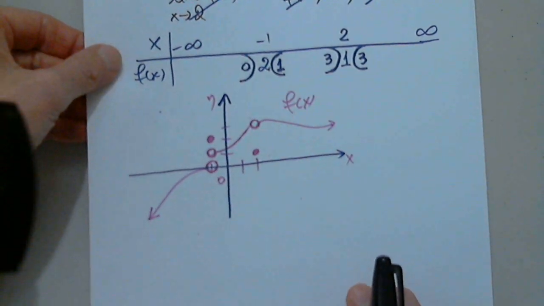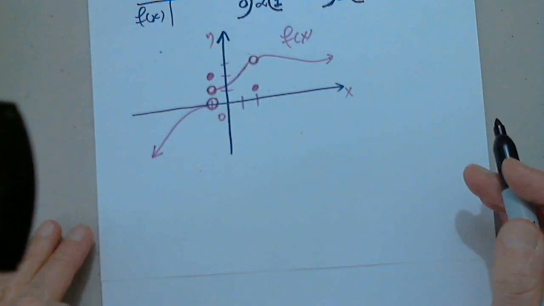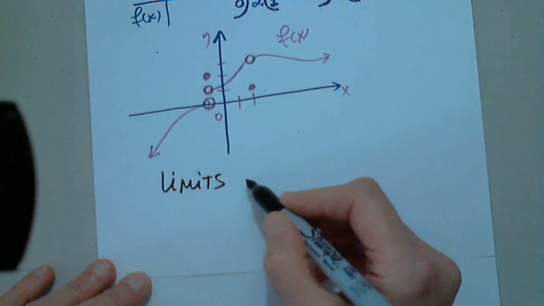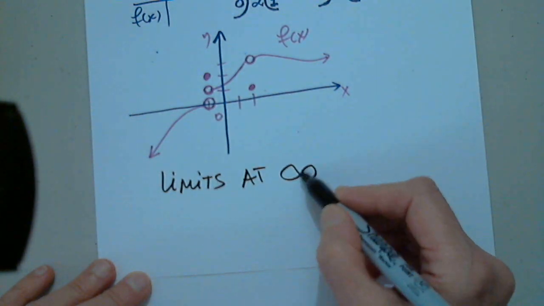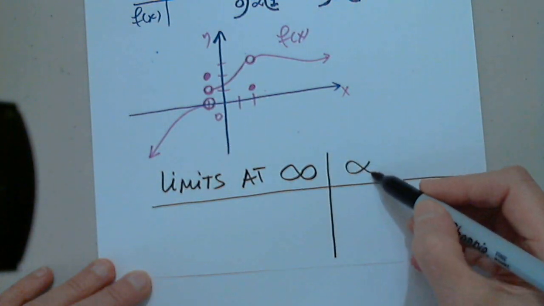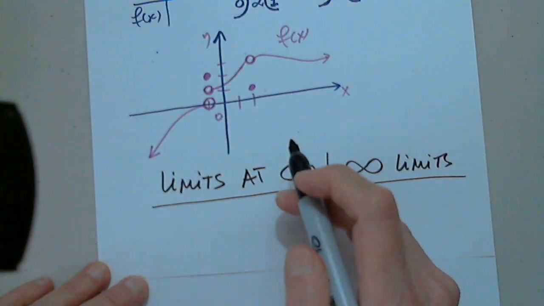Okay, so we do have two different types of limit that involve infinity: limits at infinity and infinite limits. This is for later.